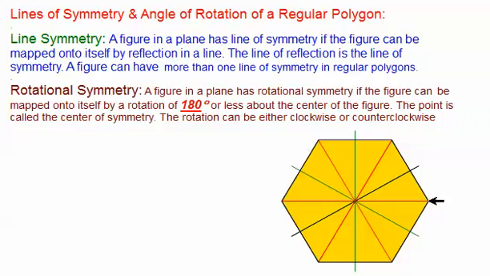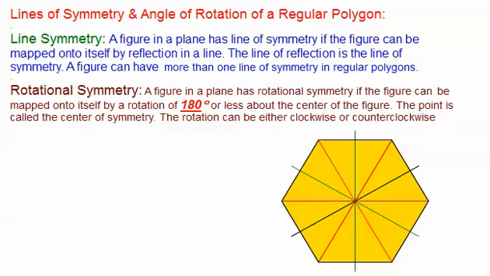You can see that the red lines of symmetry connect opposite vertices. There are 3 of these, and the other 3 connect the midpoints of the opposite sides. So there are 6.